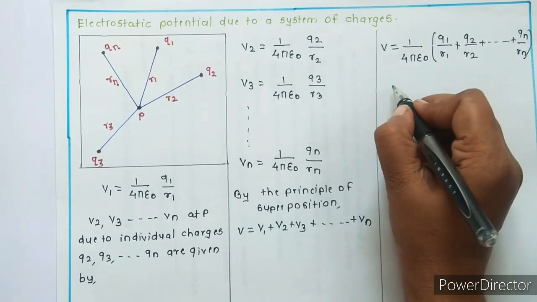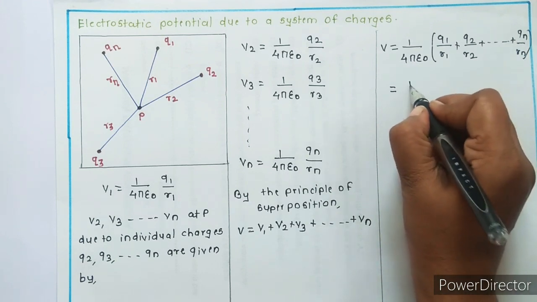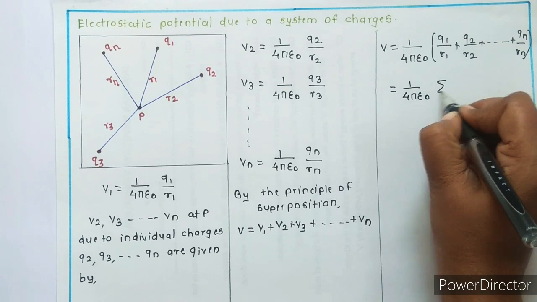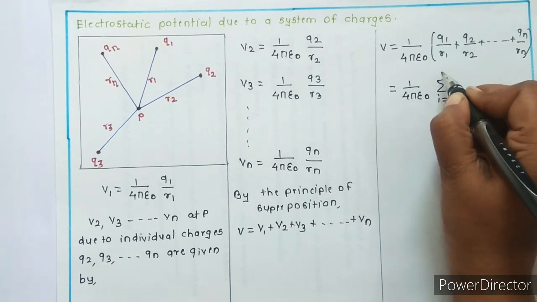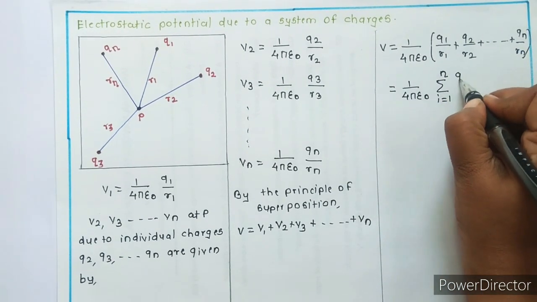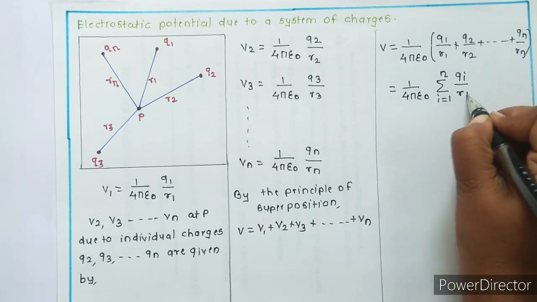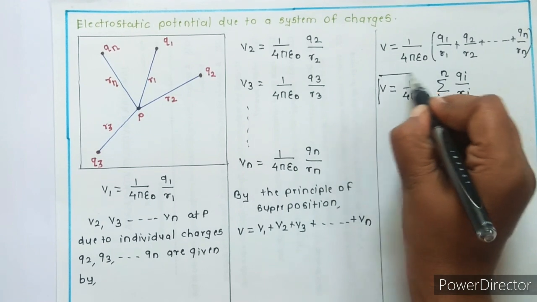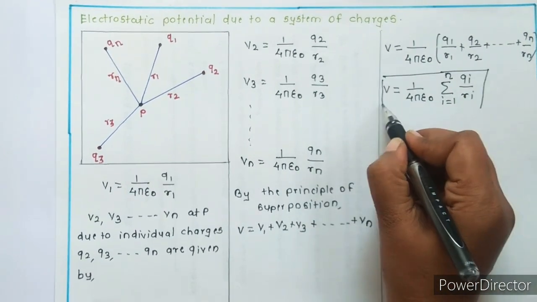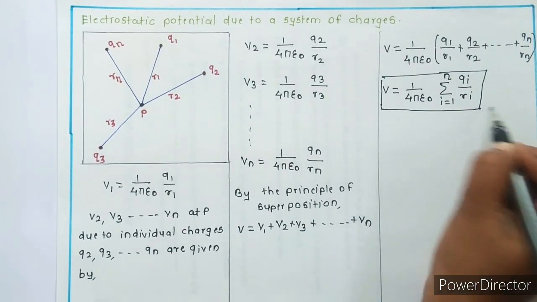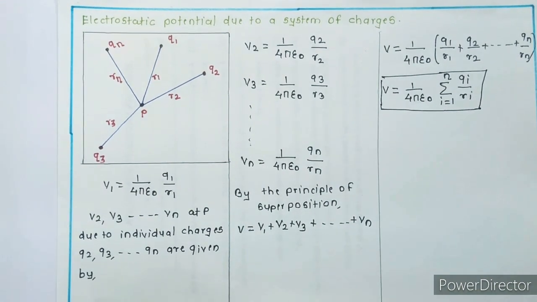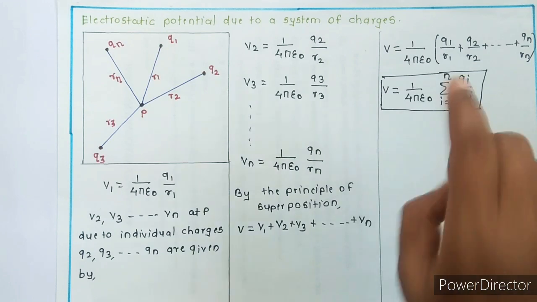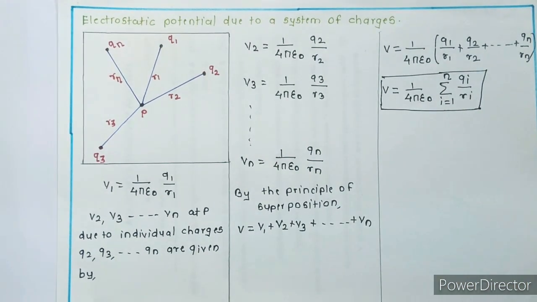In terms of summation, I can write 1 upon 4 pi epsilon 0 summation of i equal to 1 up to n, Qi upon Ri. So this is the formula for the electrostatic potential due to the system of charges. And for a continuous charge distribution, this summation sign should be replaced by integration. Thank you.